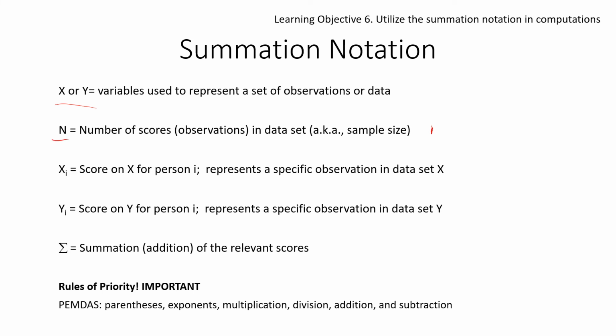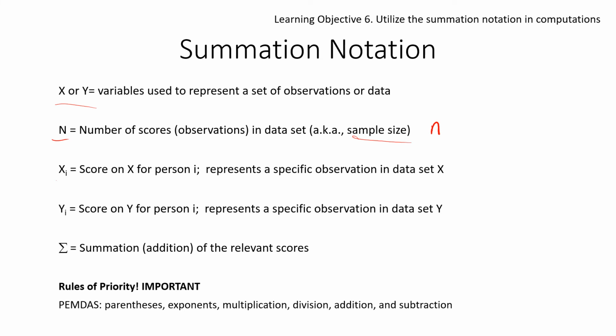You'll also see it as a lowercase n. Technically, a lowercase n is the size of a sample, and uppercase N is the size of a population. But sometimes you'll see them used interchangeably when you're referring to samples. But generally, you're going to see it as a lowercase n when you're talking about the sample size, when you're talking about a sample.